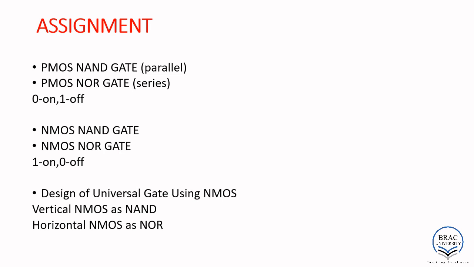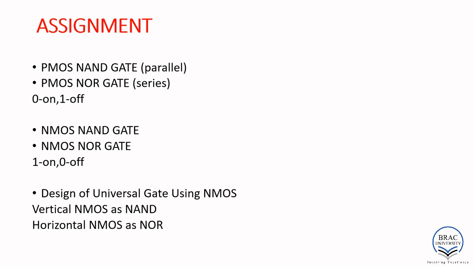So here are a couple more assignments for you. I suggest you try to design a PMOS NAND gate and a PMOS NOR gate. Just consider the concept that PMOS will be on for logic 0 and off for logic 1.